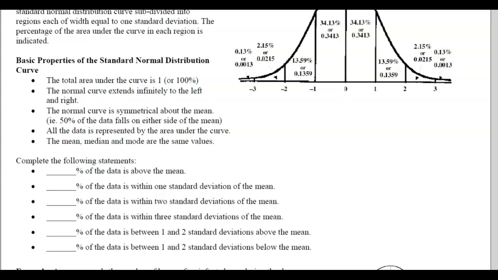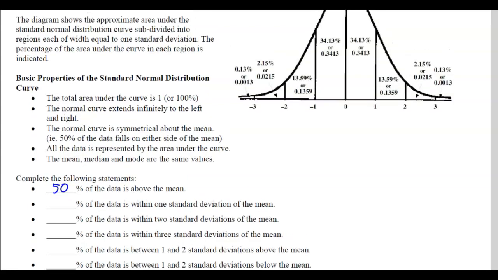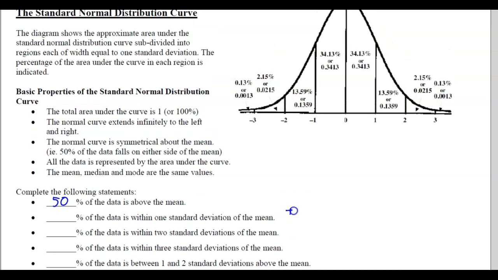So, based on that though, complete the following statements. What percent of the data is above the mean? Well, we just said 50% of the data falls on either side. So that means 50% is above the mean. Okay? What percent of the data is within one standard deviation of the mean? So within one standard deviation, that means plus or minus sigma, right?